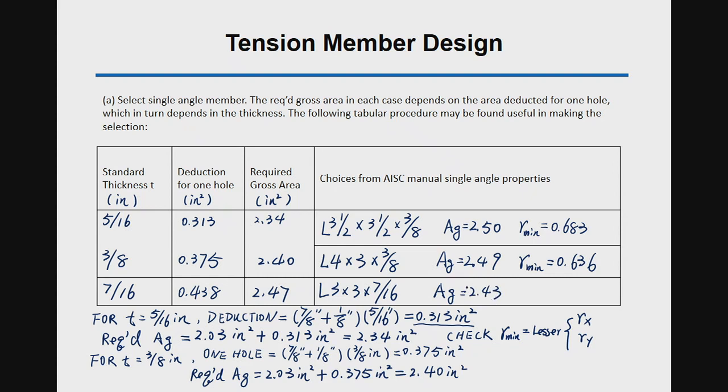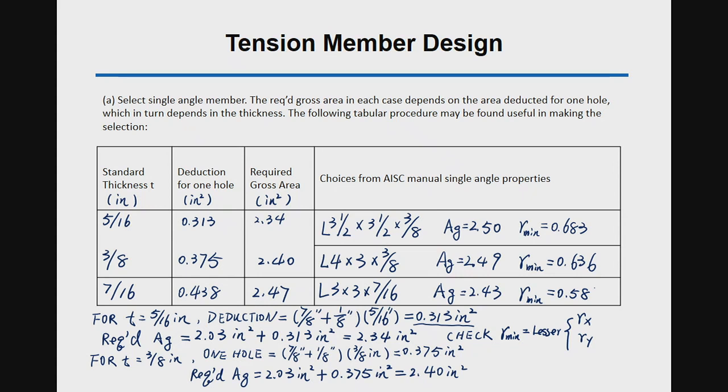That's it. This one is a little bit smaller than the required, and rmin is also a little bit smaller. Okay, so I think the first one would be preferable, so we can select that one and then check the design adequacy later.